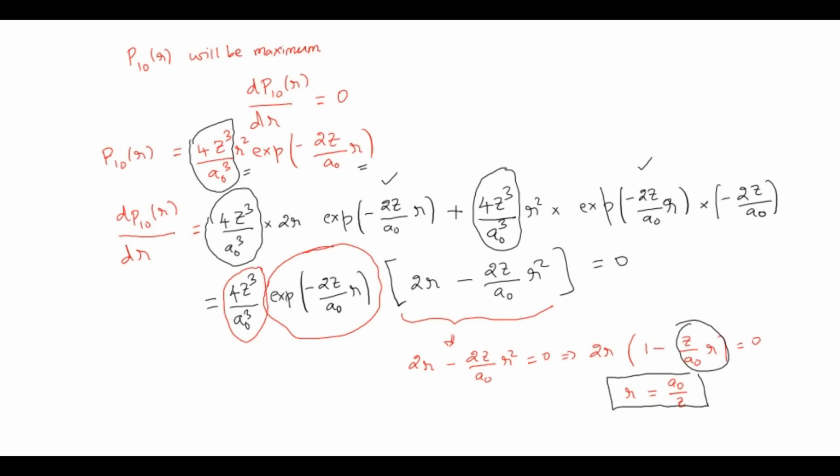So when r is equal to a_0 by Z, this entire term becomes 0. Hence, r is equal to a_0 by Z is the required most probable distance.